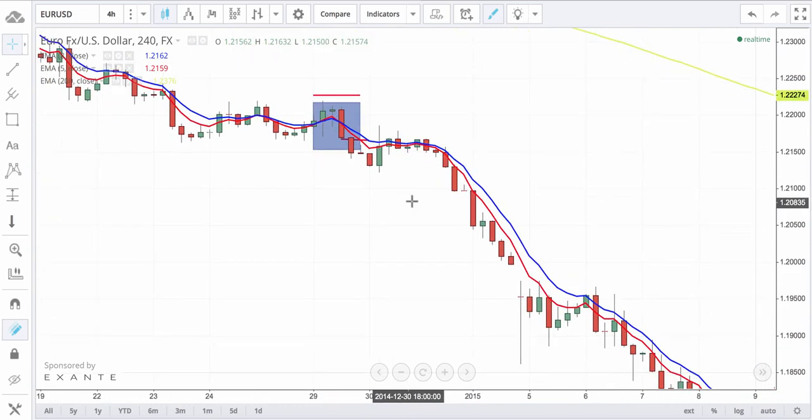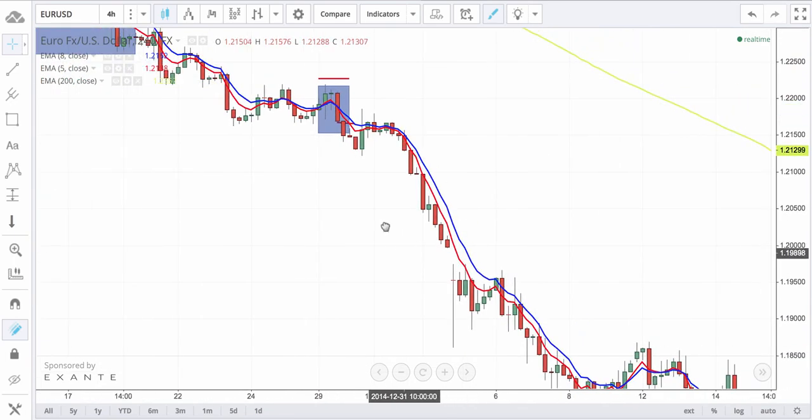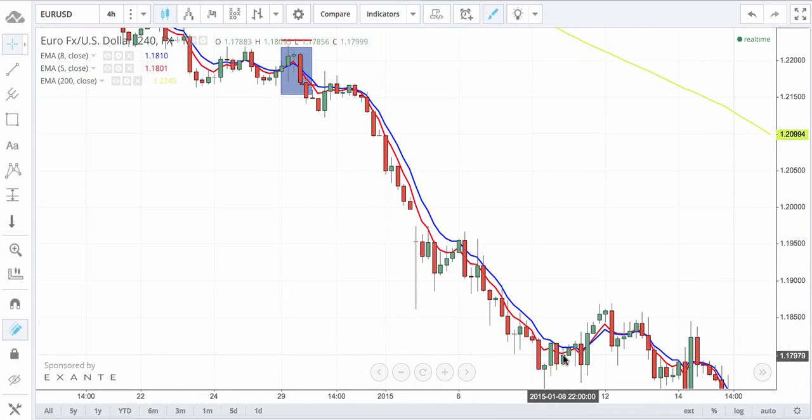And you can see after that the price starts dropping, not immediately, but in the next few trading sessions it basically drops down to a level of 1.1800, which is over 400 pips.